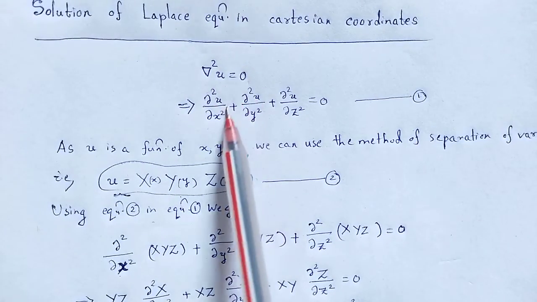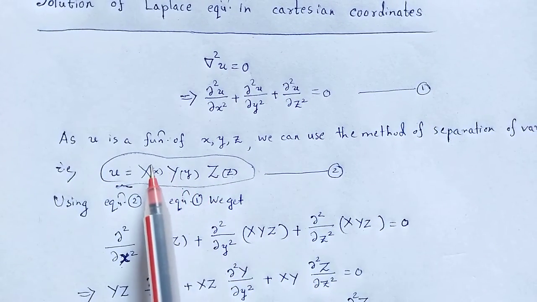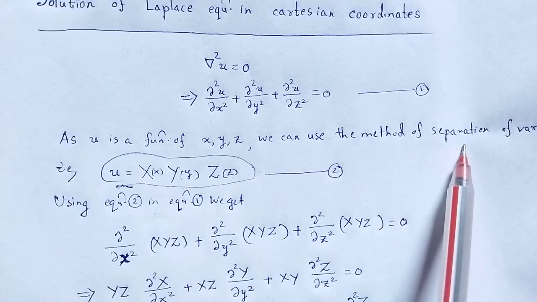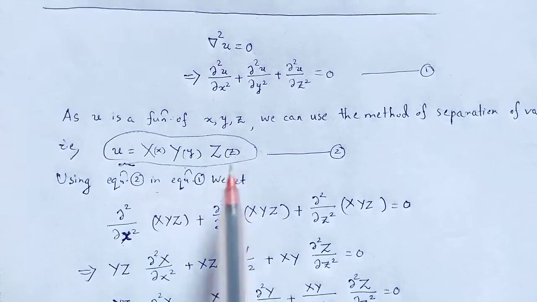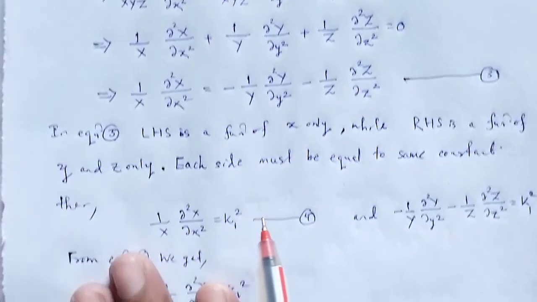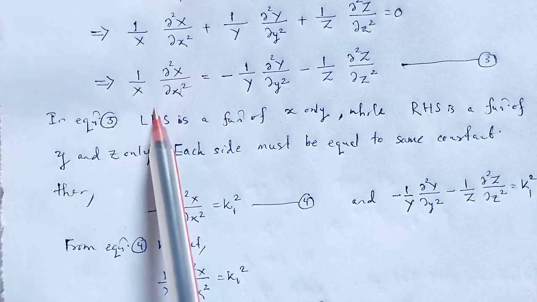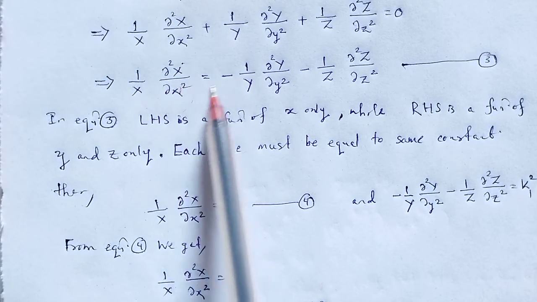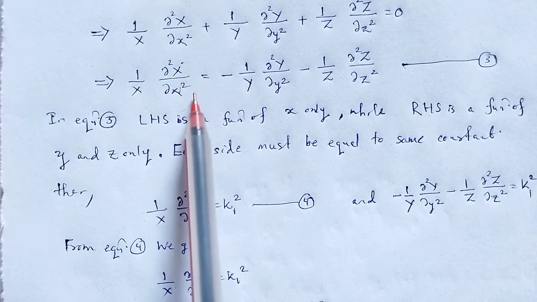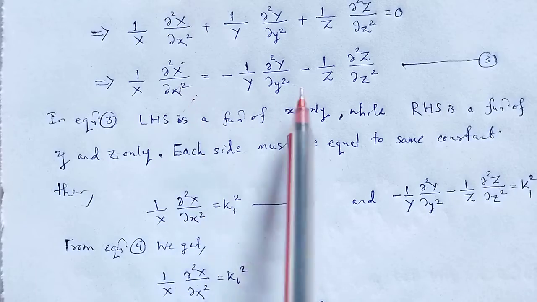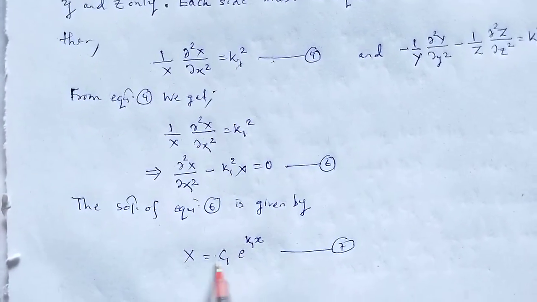That is the Laplace equation in Cartesian coordinates in 3 dimension. Let me assume, by using the method of separation of variables, the solution of that partial differential equation be that one, proceeding like this. Since this portion is a function of x only, and that portion is a function of y and z only, that means we have to equate each side with the same constant and get its solution.